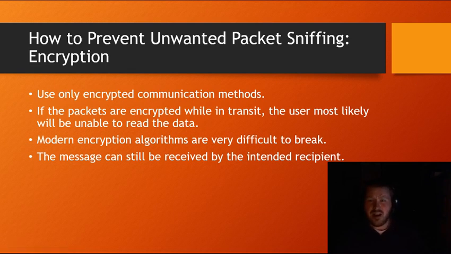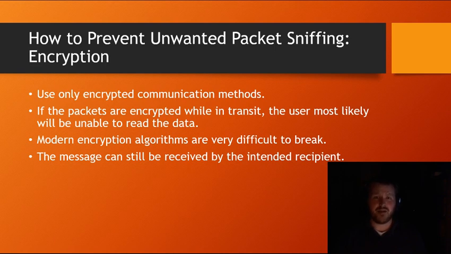And now, how to prevent unwanted packet sniffing. If you're trying to keep your network safe and you think somebody may want to get into your network and take some of the information, whether it's financial data or government secrets or business secrets or whatever reason, I'd recommend using encryption methods with all your important data.